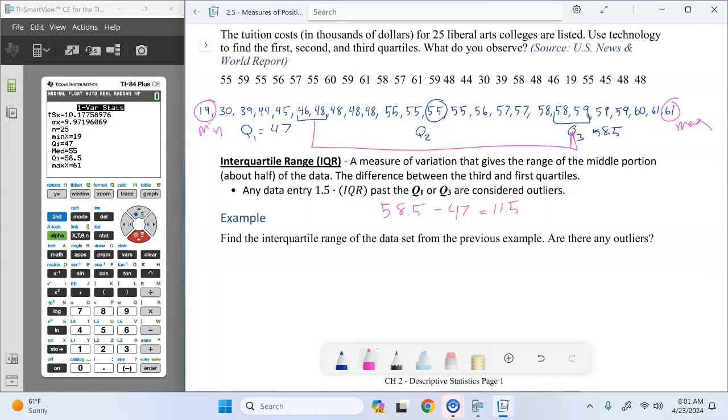Now, using the interquartile range, we can identify, do we have any outliers? Any data entry that is 1.5 times the interquartile range above or below Q1 or Q3 is considered outlier data. So we want to take our interquartile range and multiply it by 1.5. If I take 1.5 and multiply it by 11.5, what do I get? 17.25.